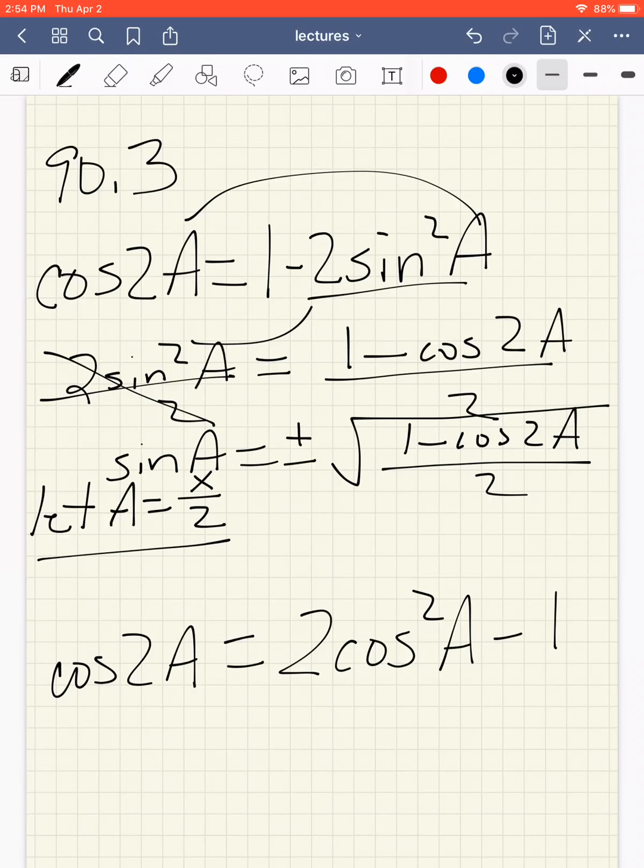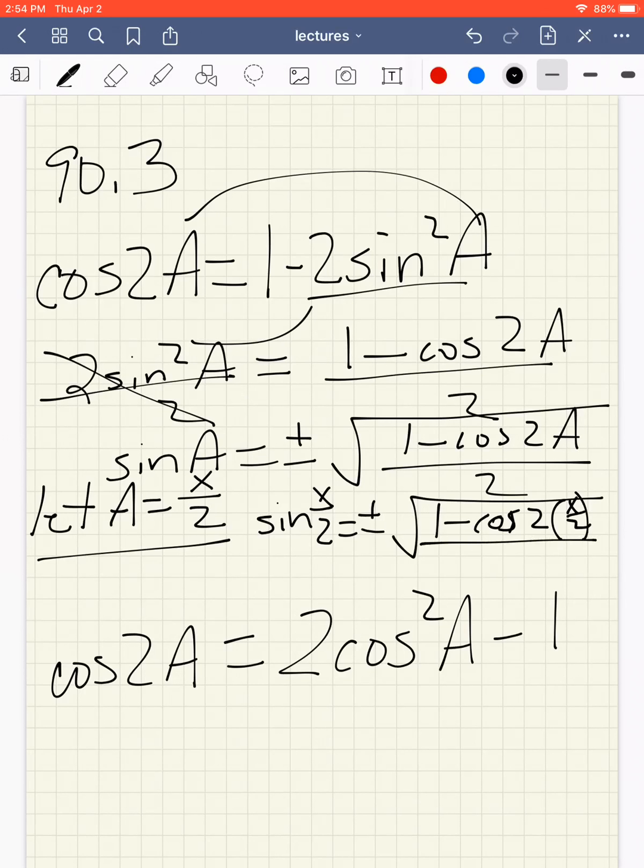So when we do that, this becomes sine of x over 2 equals plus or minus the square root of 1 minus cosine 2 times x over 2 divided by 2.